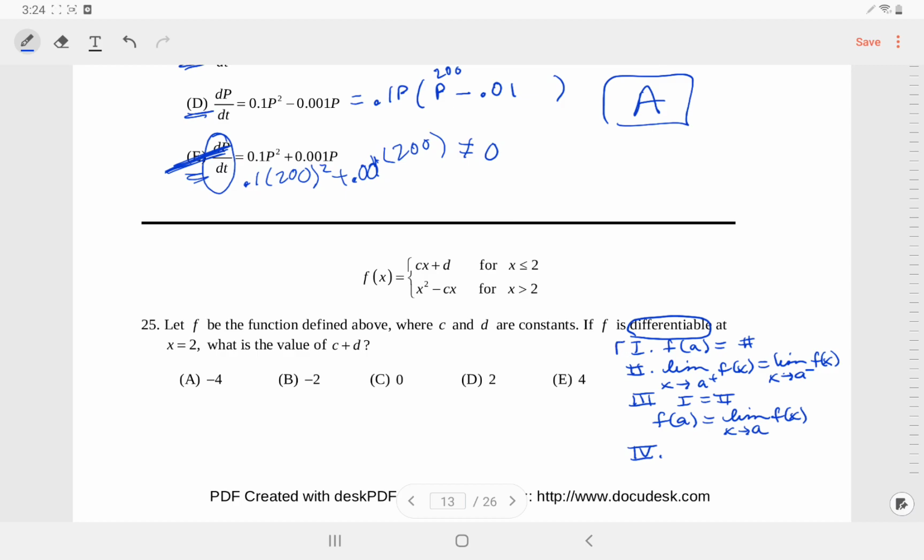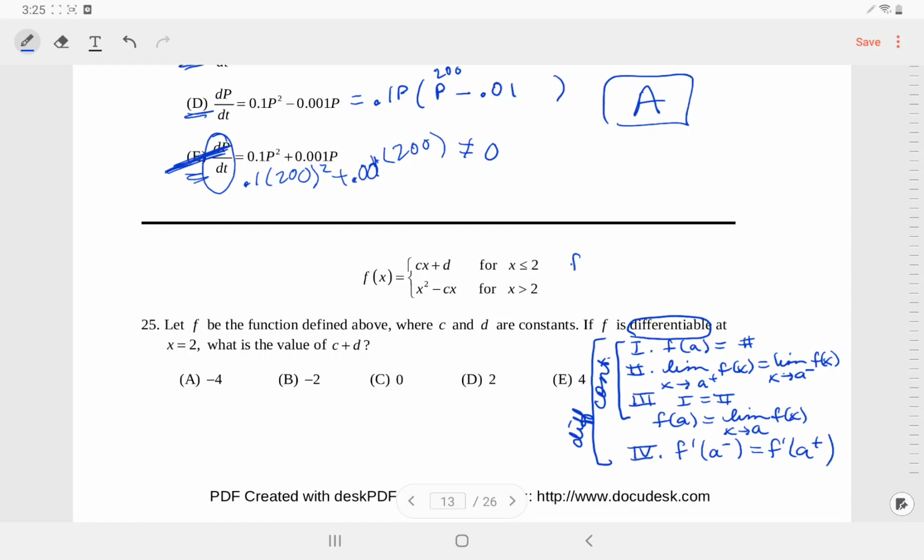So name it 4. Okay, good idea. So rule 4 is the slope from the left has to equal the slope from the right. But we do have to make the rules 1 through 3, which are continuity rules, and then rules 1 through 4 are differentiable rules. So they definitely have to both be true.